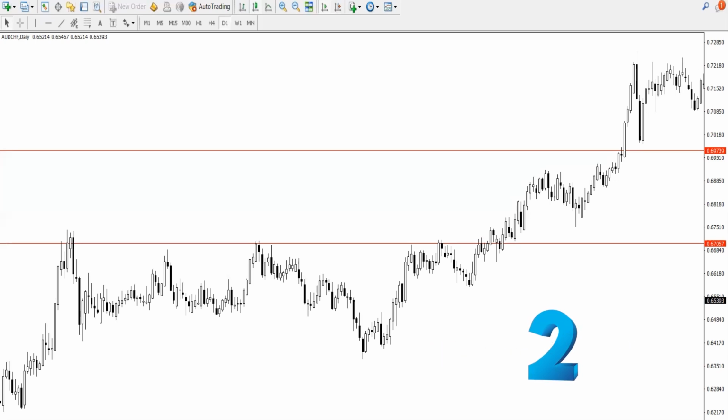The second thing I want to cover is that trading pin bars on the higher time frames is far more reliable than trading pin bars on the lower time frames.